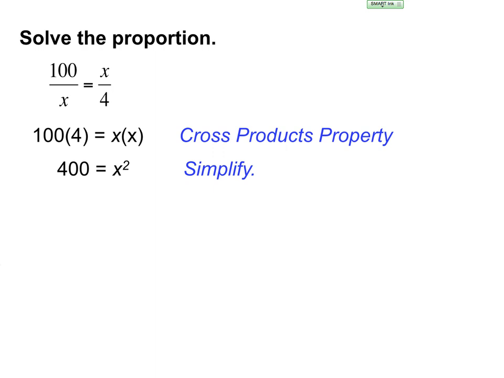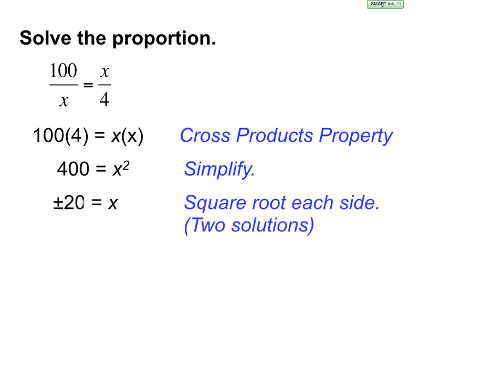What times itself is 400? 20 times 20? Okay, so your two answers should be positive 20 and also negative 20. Remember how you could write that together, positive and negative, the plus minus out front? Means those two answers, two solutions.